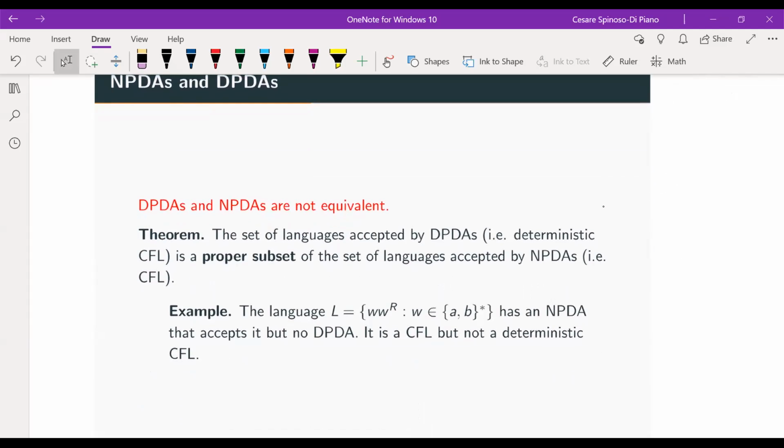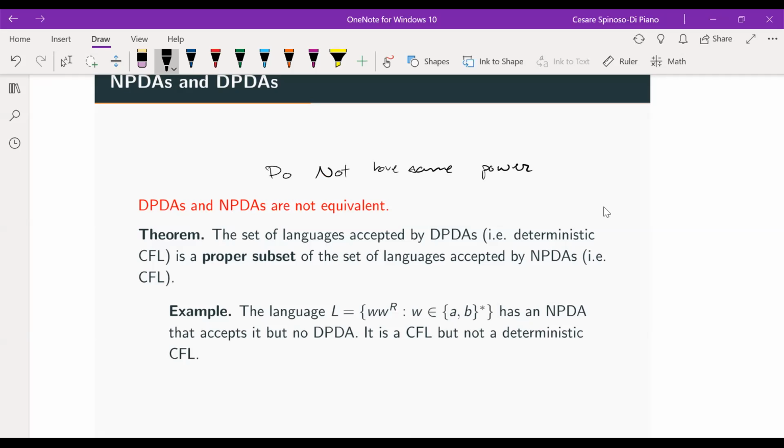So a quick word. I've already said this, but very important, NPDAs and DPDAs are not equivalent, meaning that they do not have the same power to accept languages.